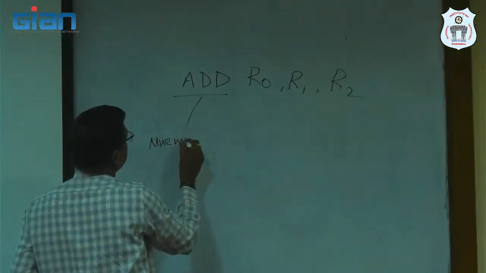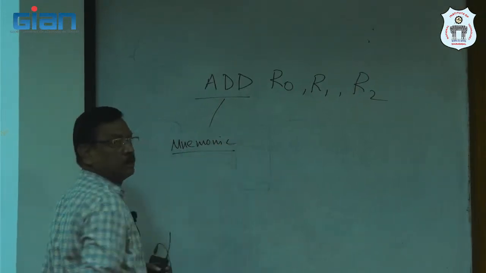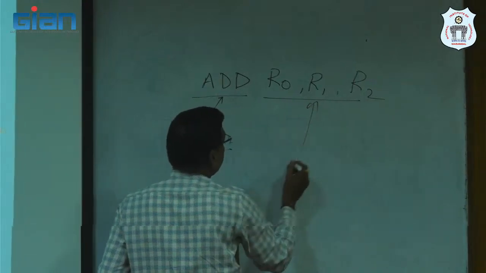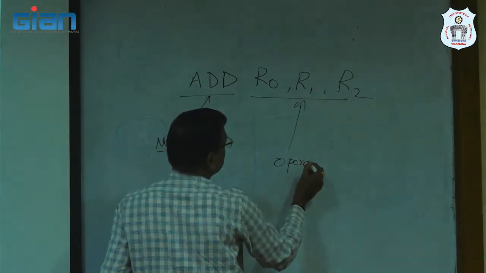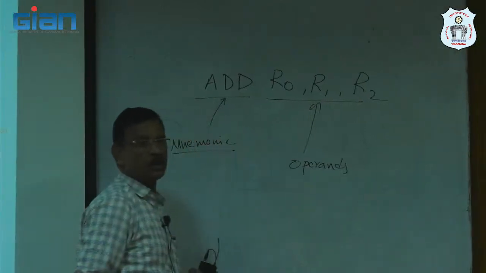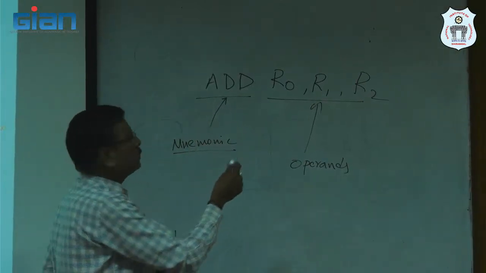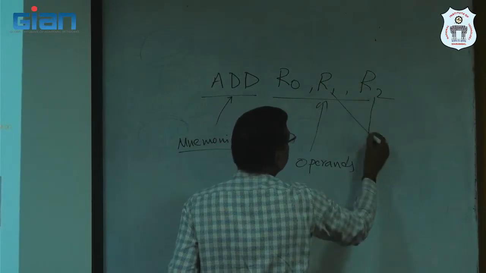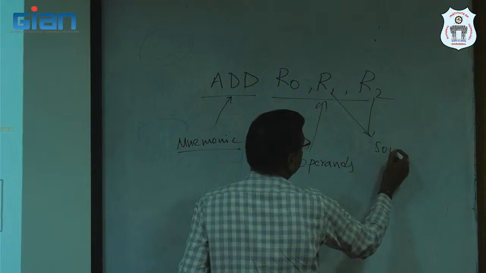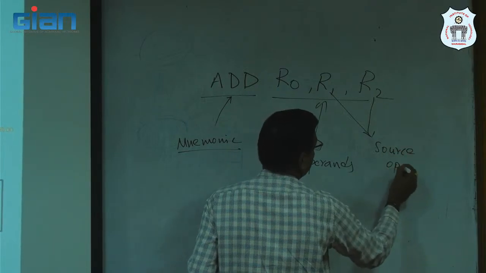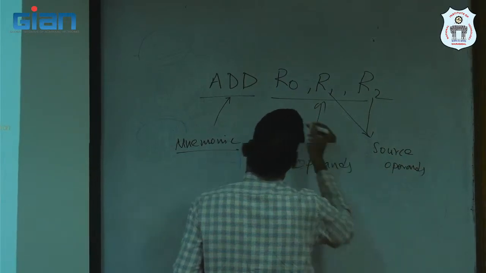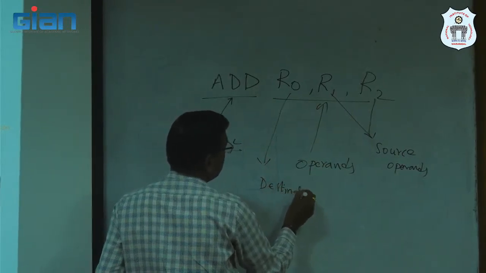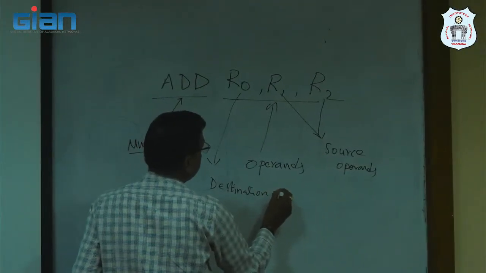Then these are the operands. It's a 3 operand instruction. These 2 are the source operands, and this one is the destination operand.